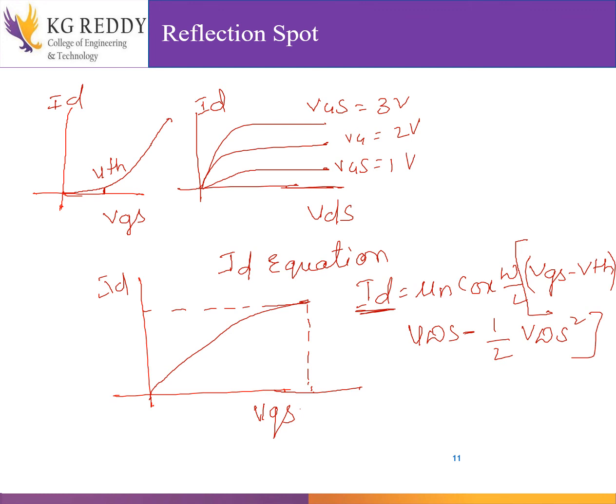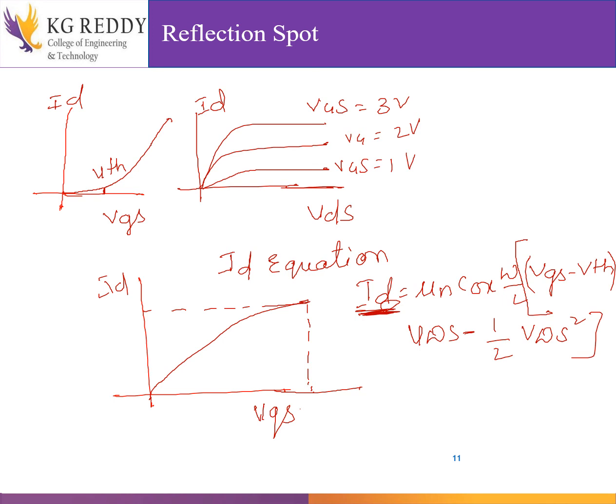So here is a question I want you to think about. This current is somewhat related to this plot. This current equation, ID equal to mu n C ox W by L, VGS minus VTH into VDS minus half VDS square, is related to this graph. How is this equation related to this plot?